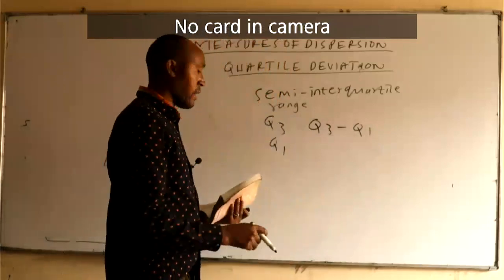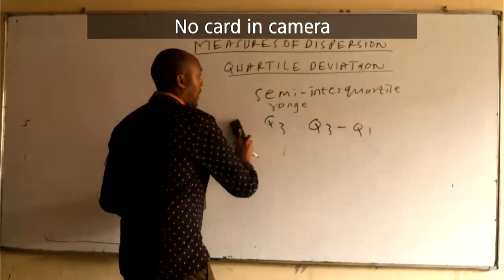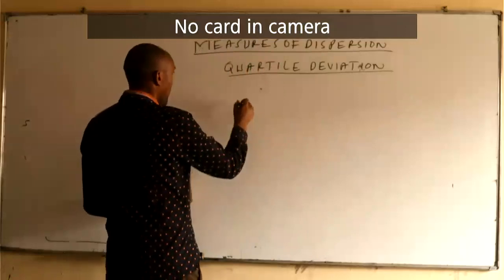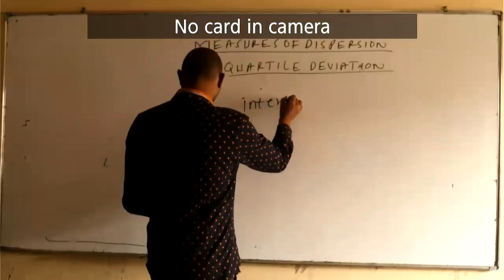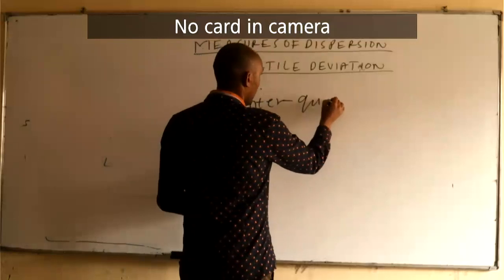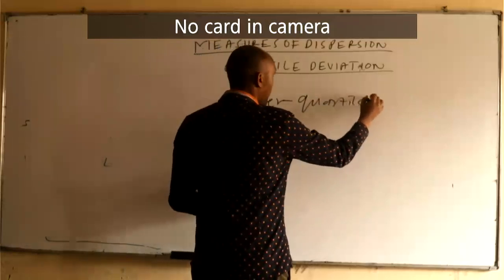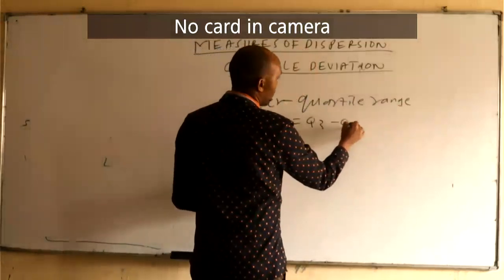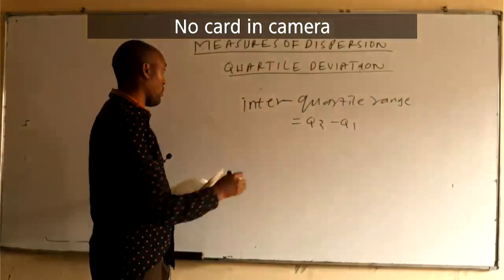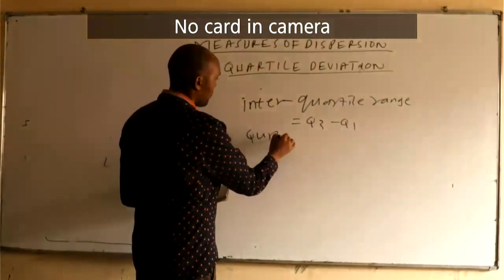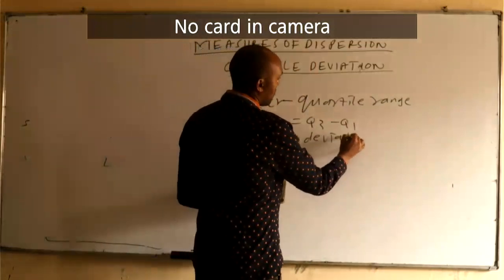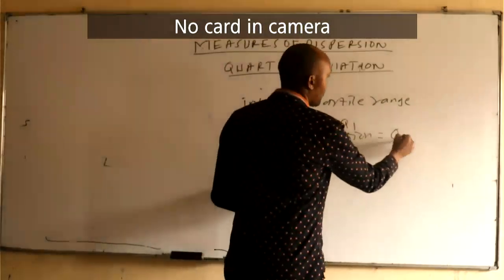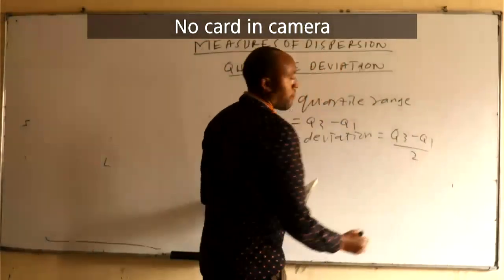So we are going to write the formulas used when calculating quartile deviation. We start with the interquartile range, where the formula is Q3 minus Q1. Then the quartile deviation is Q3 minus Q1 divided by 2.